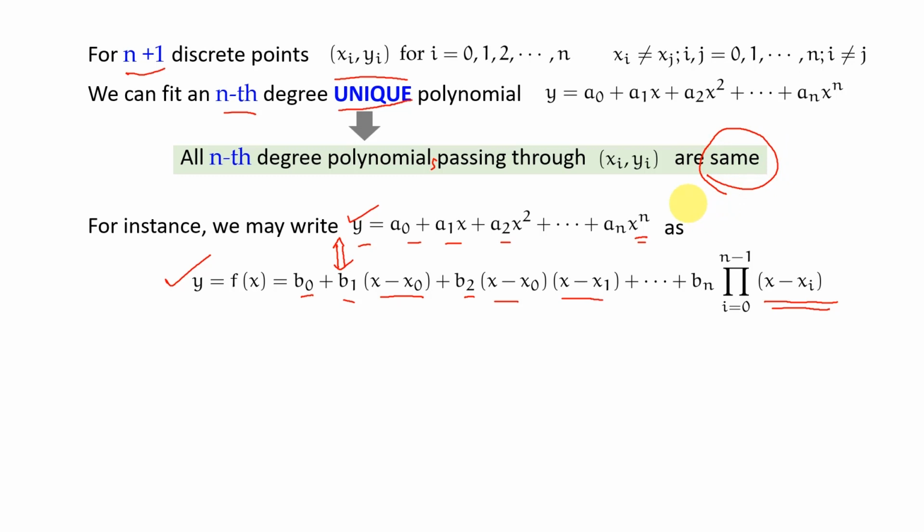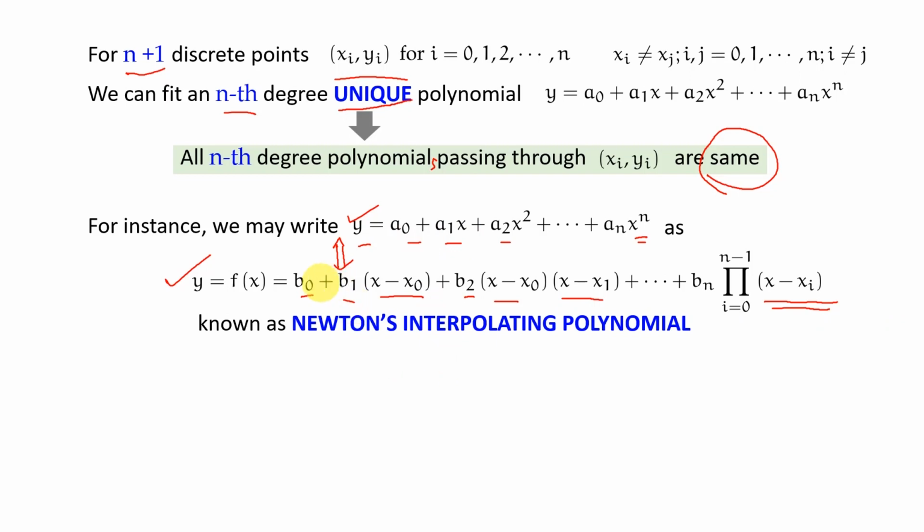This is an idea that we want to exploit, and we'll see that the second polynomial, although it looks complicated, makes it much easier to calculate the coefficients b0, b1, etc. as compared to the calculation of a0, a1, etc. And this second polynomial, b0 plus b1 into x minus x0 plus b2 into x minus x0 into x minus x1, is known as Newton's interpolating polynomial.